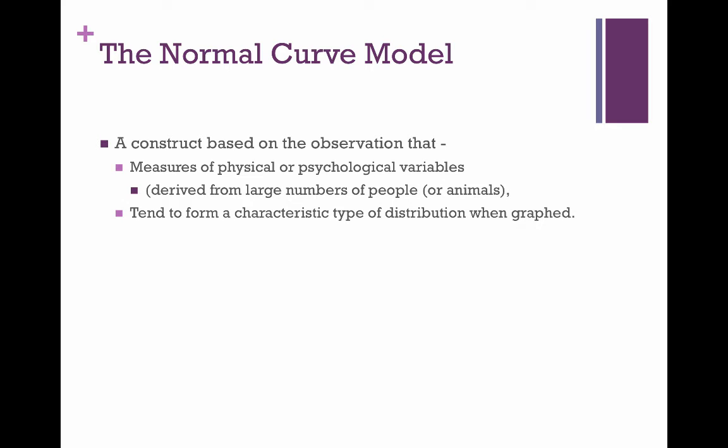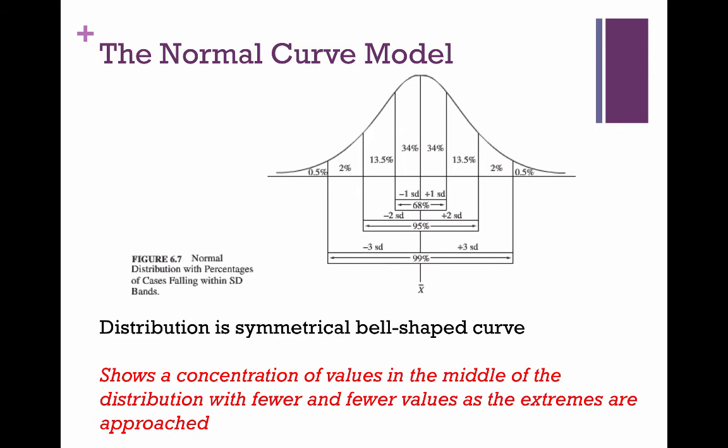The normal curve model. A construct based on the observation that measures of physical or physiological variables derived from large numbers of people or animals tend to form a characteristic type of distribution when graphed, the normal curve. So it's this bell-shaped normal curve.